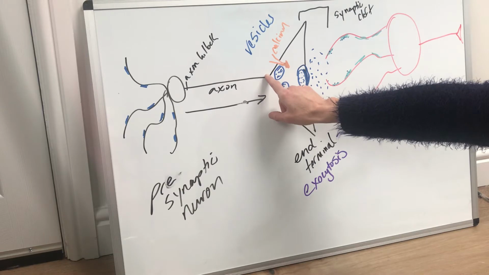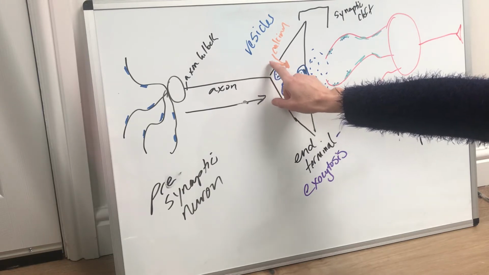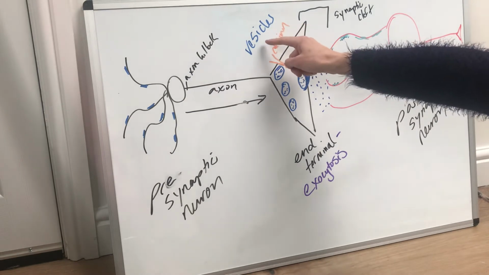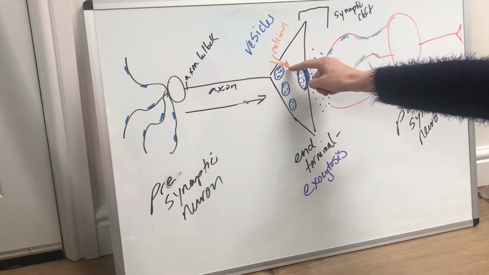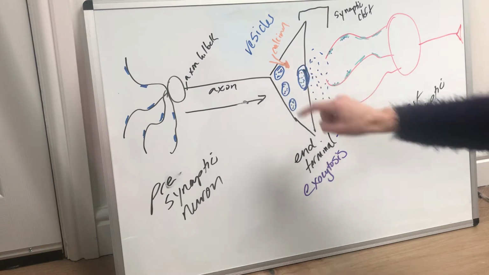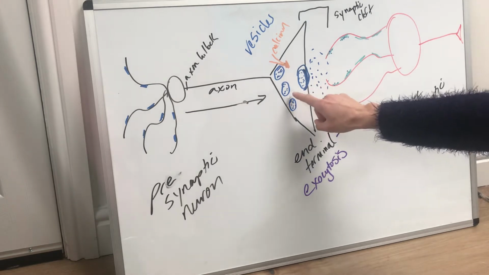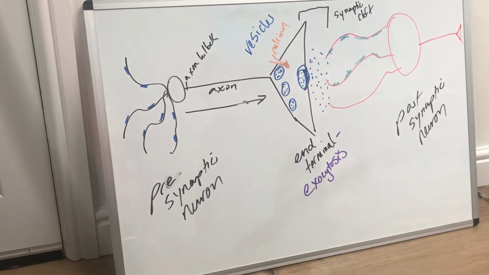Now, this action potential triggers the release of calcium, and calcium basically is allowed to open in through a voltage gated channel, and it enters into the end terminal of that presynaptic neuron. Now notice these bubbles inside the end terminal. Most of the time those are just sitting there and the neuron will physically make that neurotransmitter.